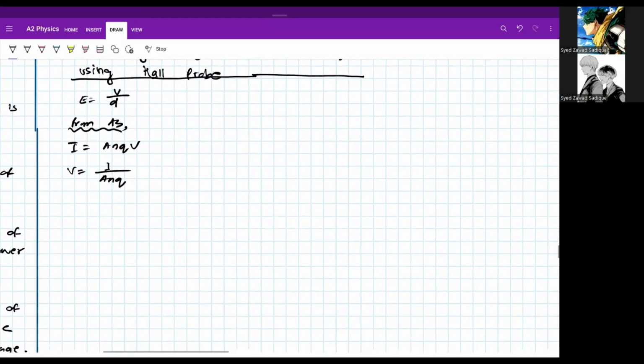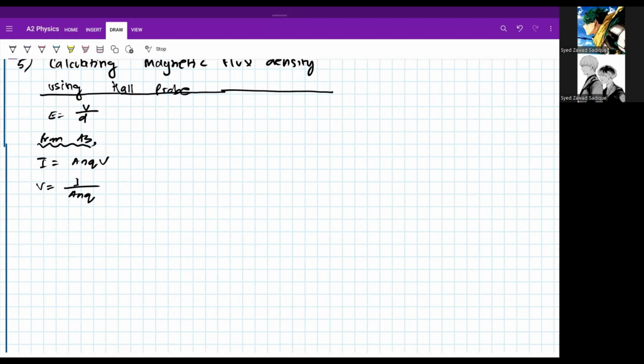We can also write, if we remember the Hall voltage, positive, positive, positive, negative, negative, negative.